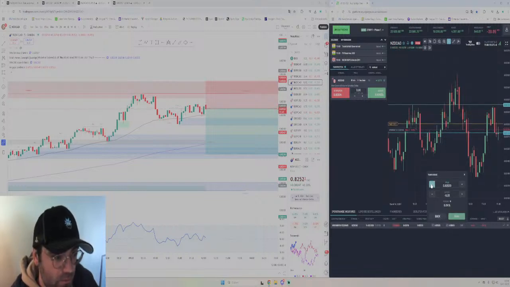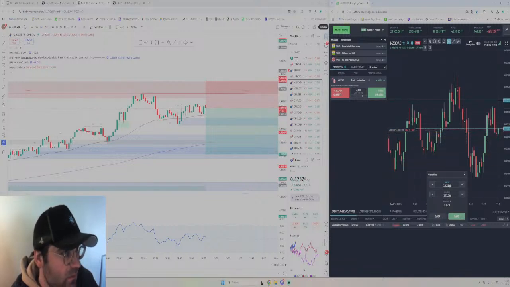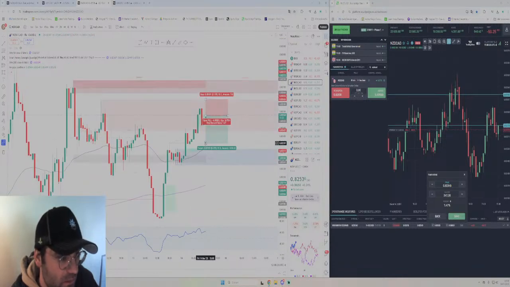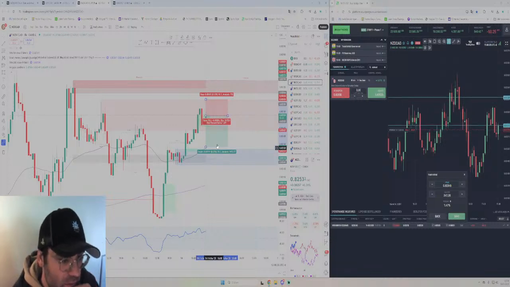And let's put the take profit. It's definitely not a big TP here. Let's target the EMA on the 1 hour and the demand zone, so let's go a little bit above that.